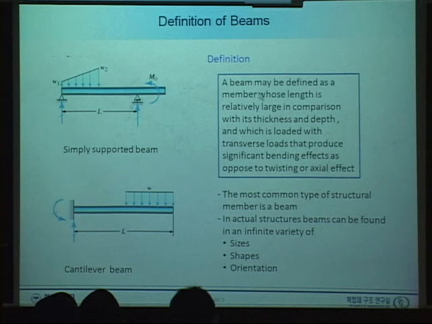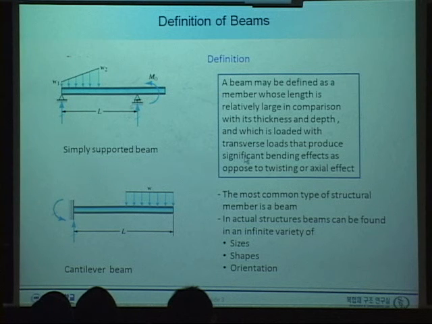So a beam may be defined as a member whose length is relatively large in comparison with its thickness. This means that the length is relatively large compared to the thickness or cross-sectional dimensions.